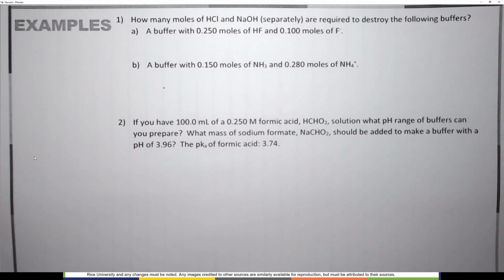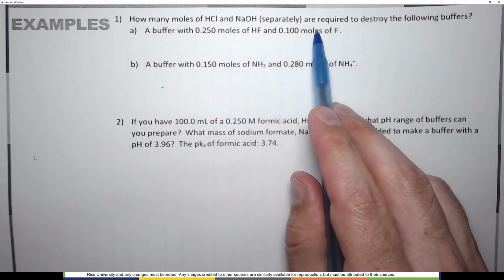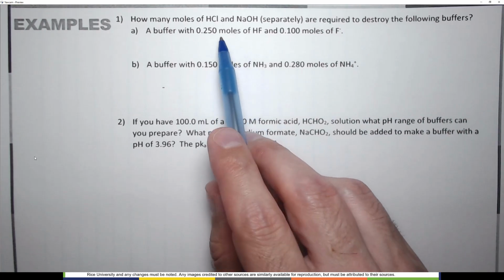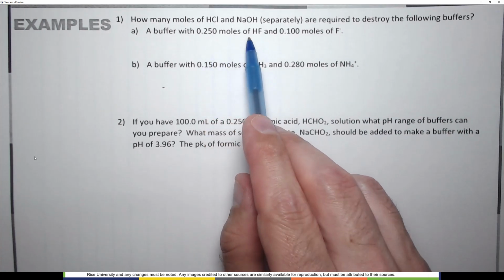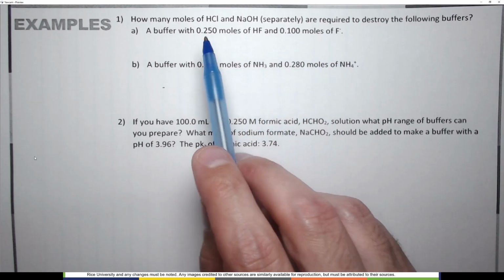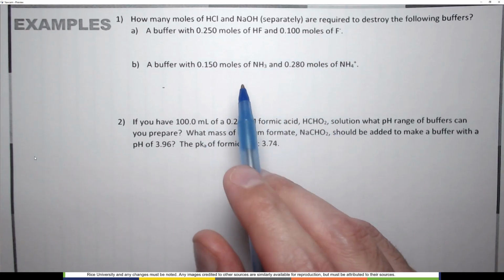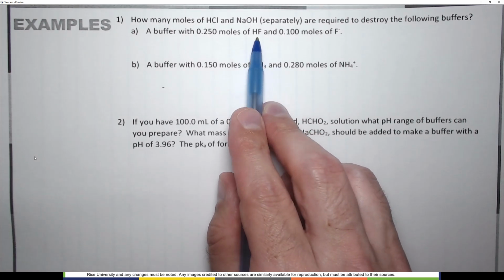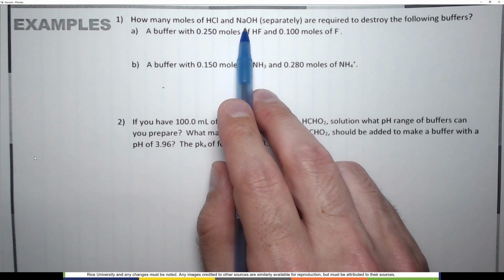It says how many moles of HCl and NaOH separately are required to destroy the following buffers. So if we have 0.125 moles of HF and 0.1 moles of F- in a buffer, how much of these things do we need to add? Well, the first thing is, if we have HF, which one of these two things can possibly destroy the buffer?